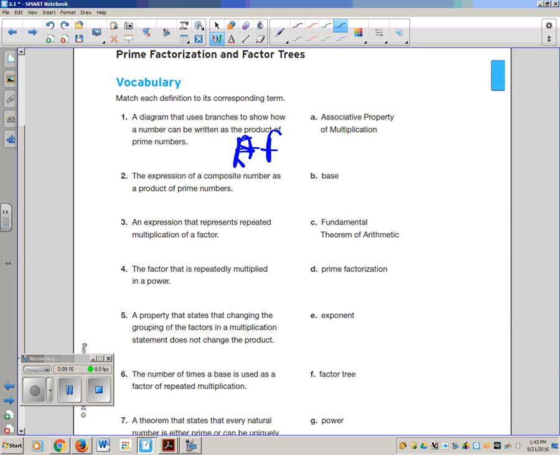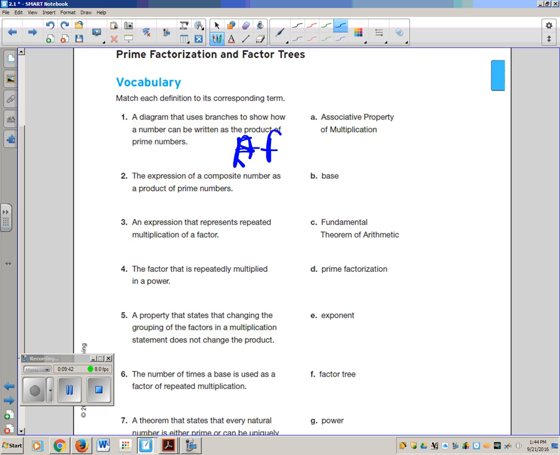We just did it. Peyton, what do you think? 2. Yes, we're on number 2. Caden. Prime factorization. Good.